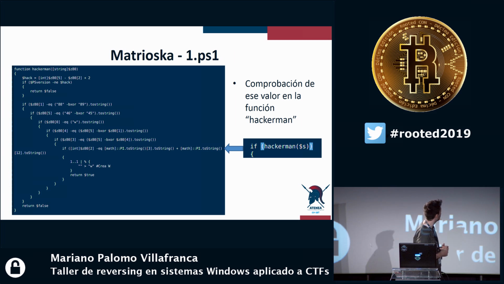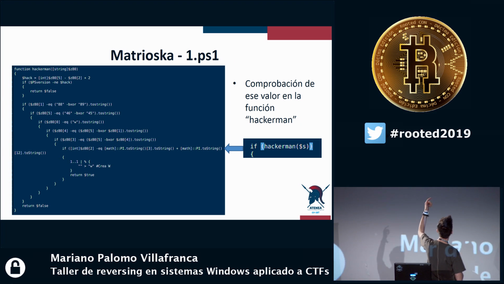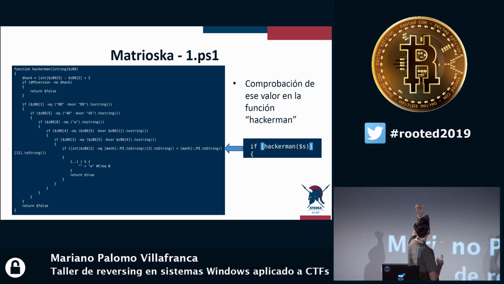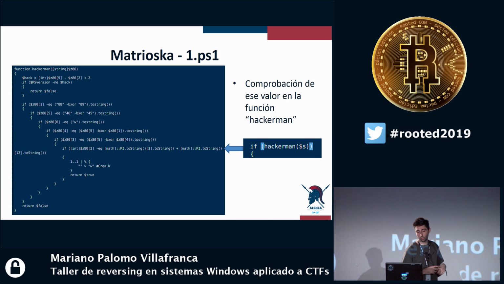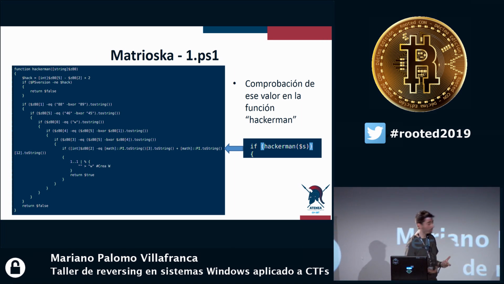But we see here a comparison per character, and the second character is compared to see if it is equal to the result of the XOR of 88 and 89, comparing both.